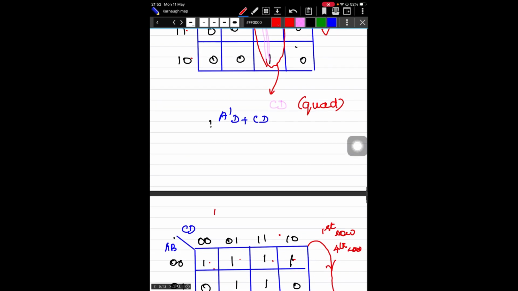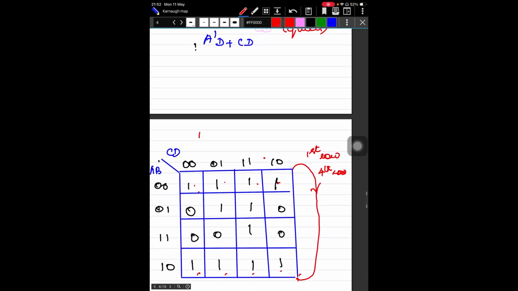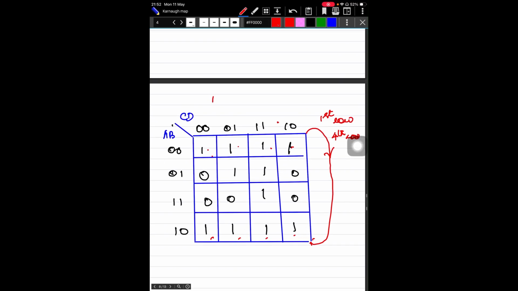Am I right? In this case, all the neighbors were obviously seen, they were close. But here, the first row is neighbor to the last row. How? You are assuming the whole Karnaugh map to be a sheet of paper. So when you roll it, the first row will be neighbor with the fourth row.